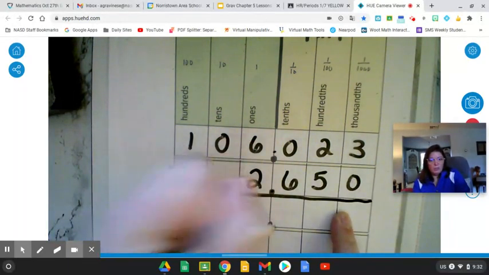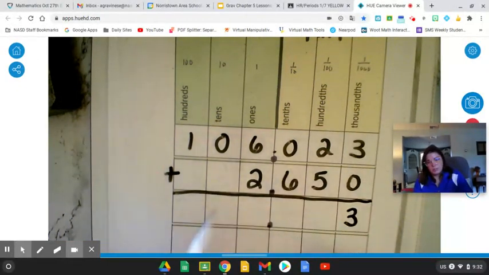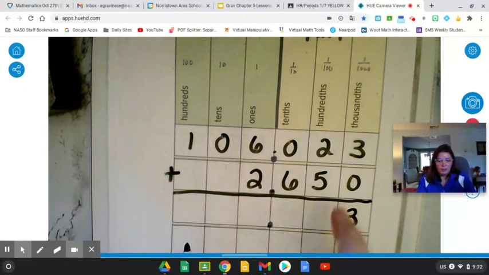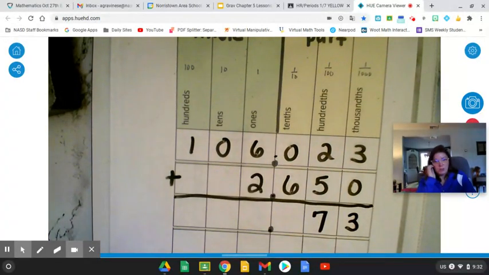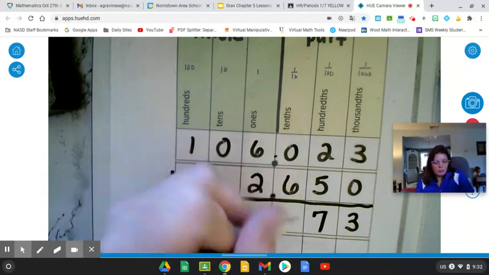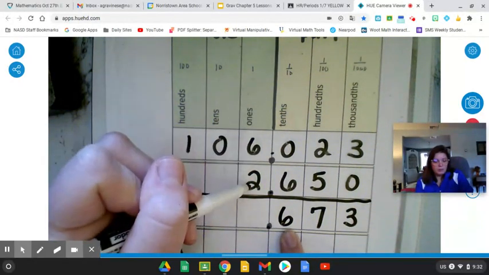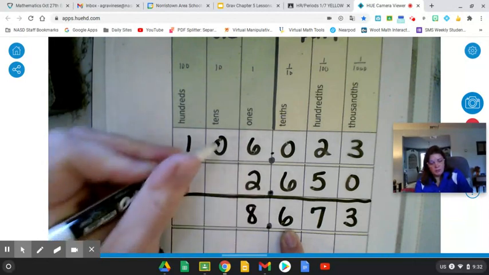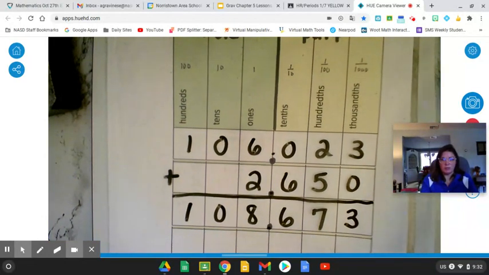Decimals are still all in a line. 3 thousandths plus 0 thousandths is still 3 thousandths. 2 hundredths plus 5 hundredths is 7 hundredths. 0 tenths plus 6 tenths is 6 tenths. 6 plus 2 is 8, 0, and 1. So we get a sum of 108 and 673 thousandths.